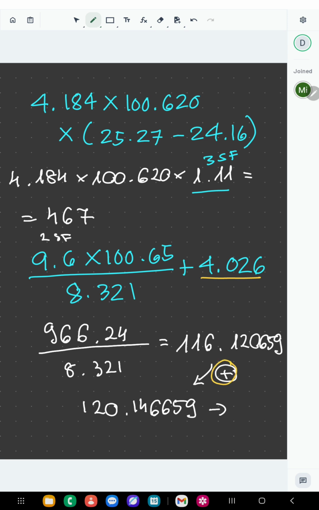So what's the rule? Yes, decimal place. Least decimal place. 120. Yeah, only 120. Yeah, 120 point 0.